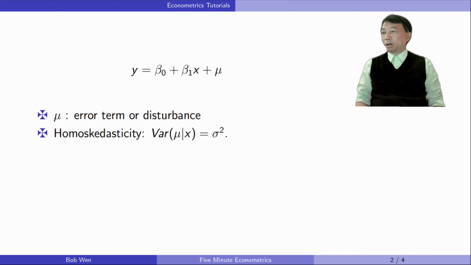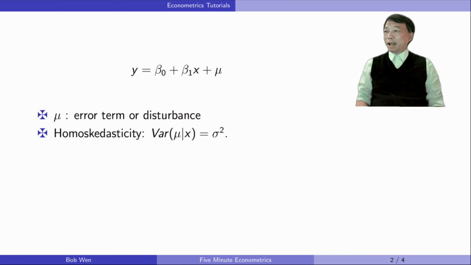In other words, the variance of the error term mu conditional on the explanatory variable x equals sigma squared, where sigma is a constant and does not depend on x. Sigma squared is often called the error variance or disturbance variance. Sigma is called the standard deviation of the error.